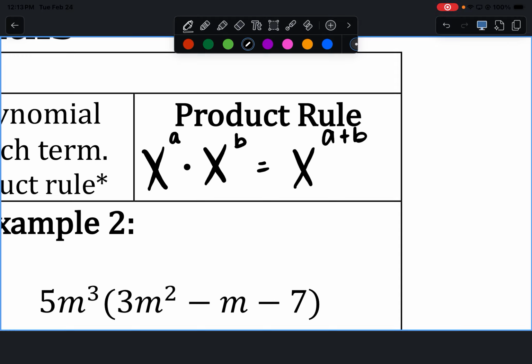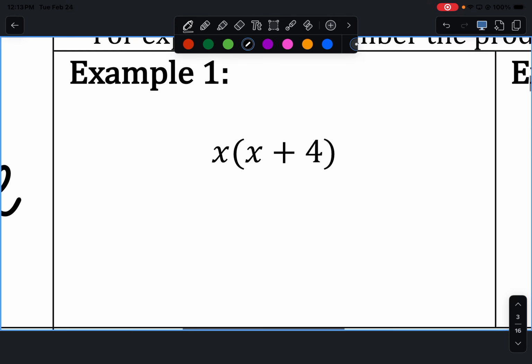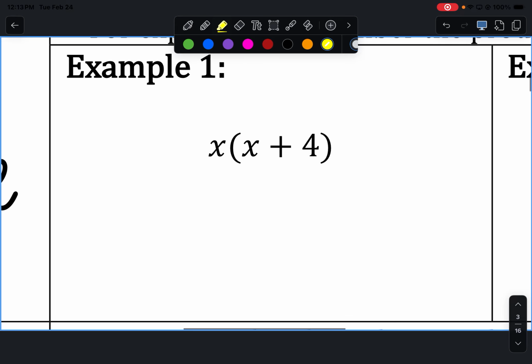If we go ahead and look at example 1, we're going to start by taking our monomial outside here, and that is what we are going to distribute into that binomial. So when we distribute, we're going to multiply. What do I need to multiply that x by first? X. What is x times x? It is x squared, because both of those have an understood exponent of 1.